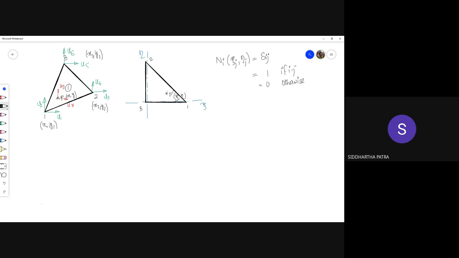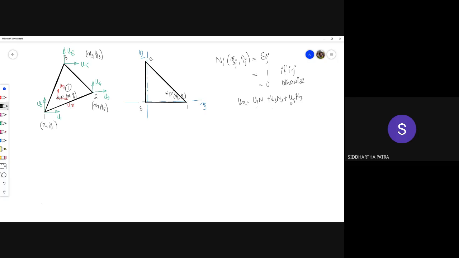Why do we need any of the shape functions to be 0 at other nodes? Because you see, ux is u1 n1 as we obtained, plus u3 n2 plus u5 n3. Okay, so when I move to node 1, it should be equal to u1.